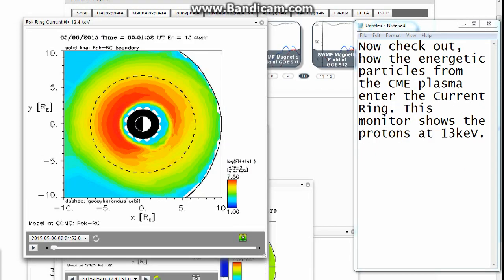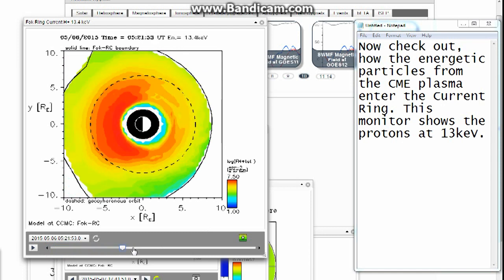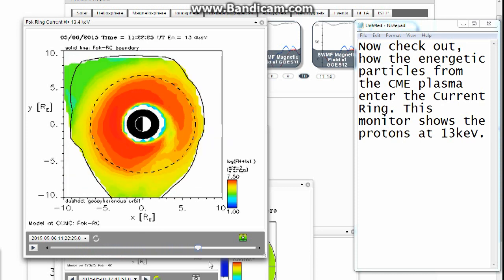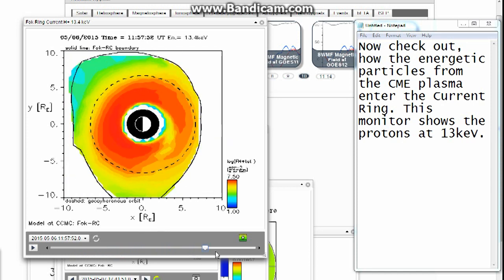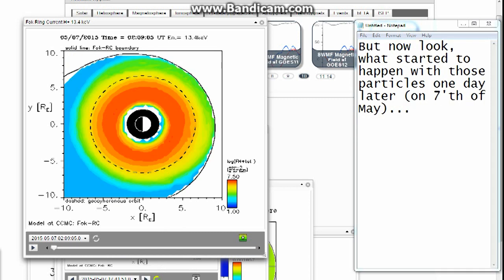Now, check out how the energetic particles from the CME plasma enter the current ring. This monitor shows the protons at 13 kV. But now, look what started to happen with those particles one day later, on 7th of May.